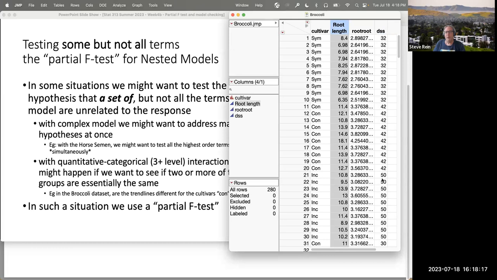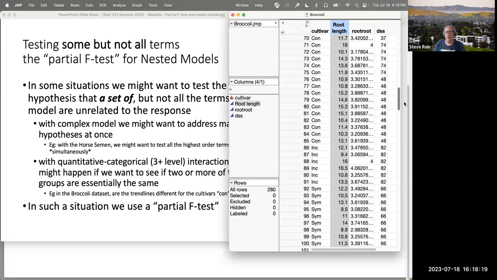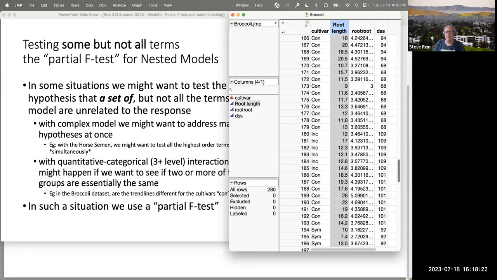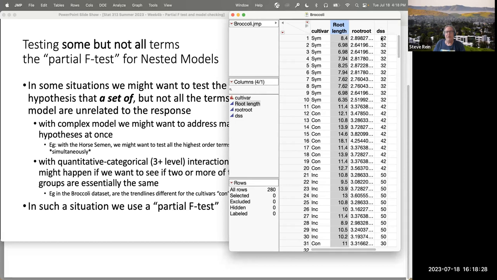So the roots at 102 days are a little bit longer than the roots at only 32 days. For whatever reason, I chose to model the square root of the root length, so I'll call that root.